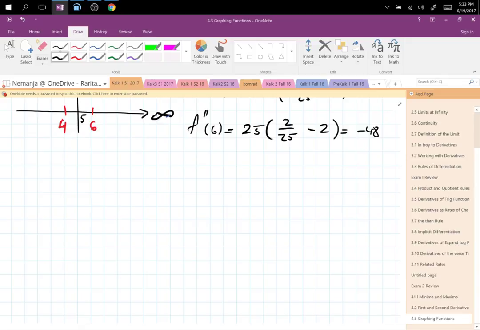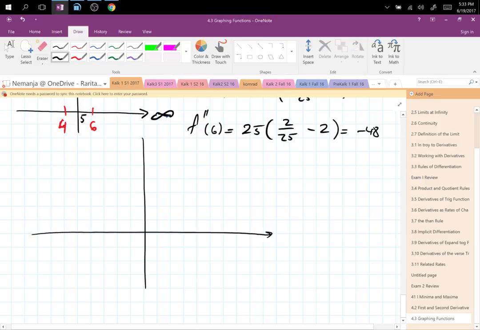But if you did, don't worry about it. Maybe I need to zoom in a lot, so let's try.